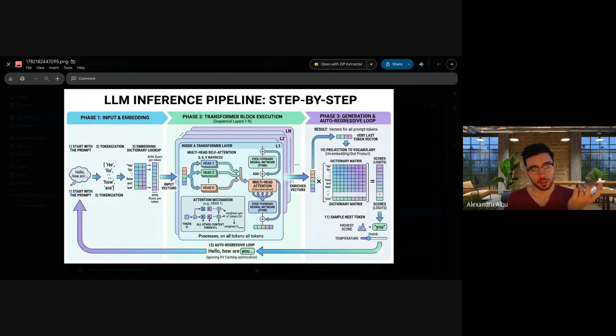So the first thing is we have the prompt, which is a collection of words in sequence. LLMs use tokens, and tokens are slightly shorter subwords.